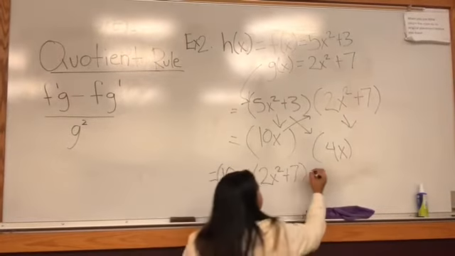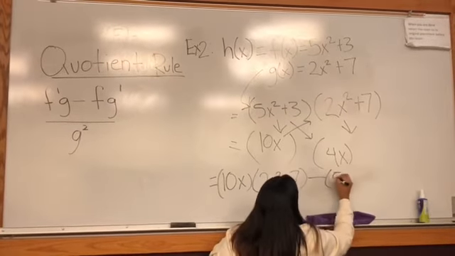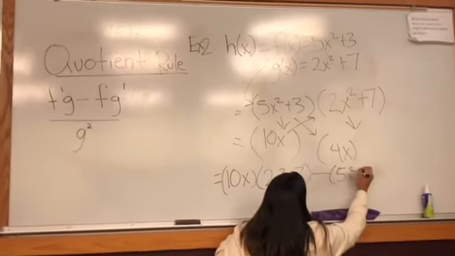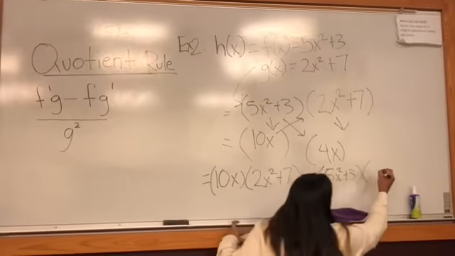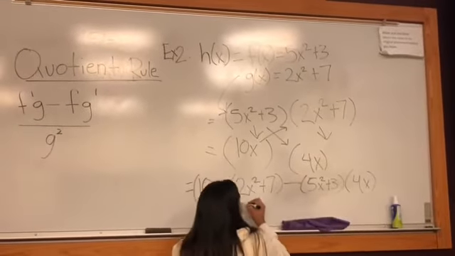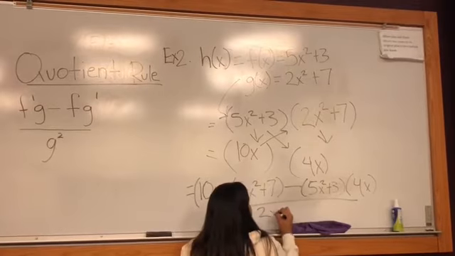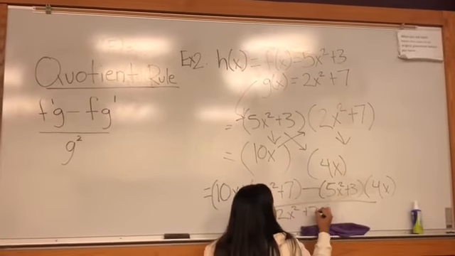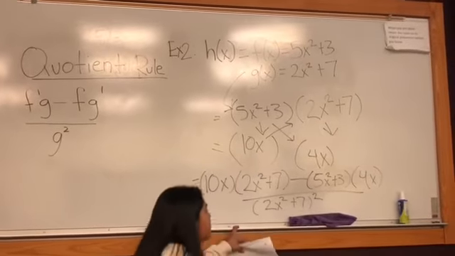And remember that we have the minus sign, so it'll be minus 5x squared plus 3 multiplied by 4x. Now, one important step to remember is that we have to divide the whole thing by g squared. So our g is 2x squared plus 7. So we would square it at the end.